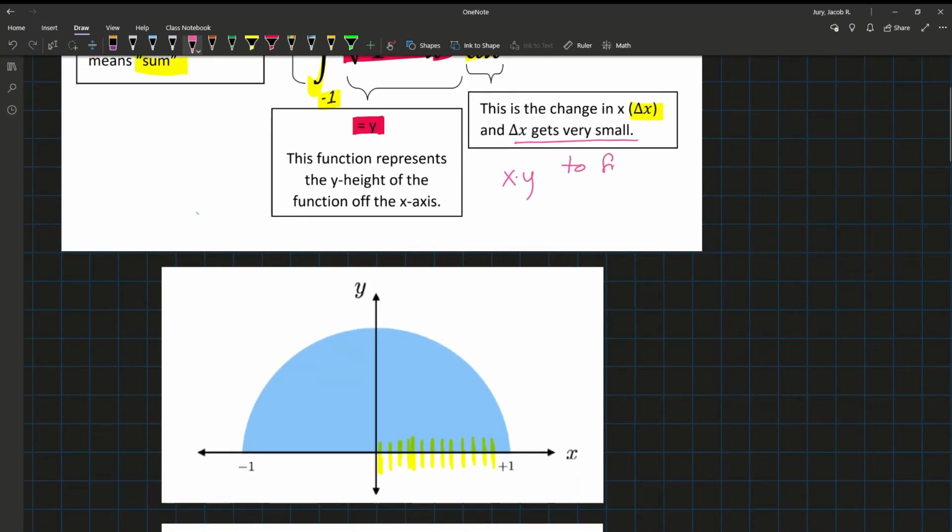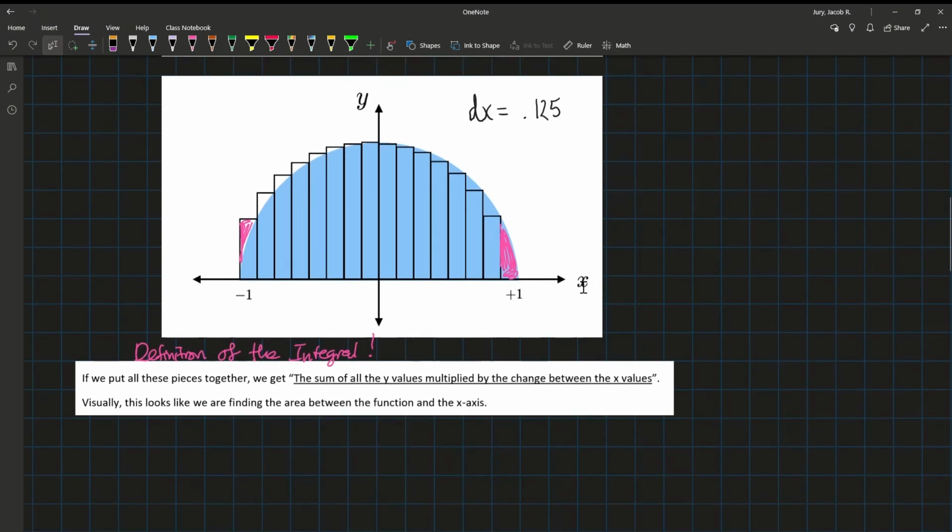So we want to find the exact area. So we'll take delta x getting really small. And that's not too bad with this semicircle if we don't use rectangles. But this here is your definition of the integral. It's just the y values multiplied by the change in the x values.